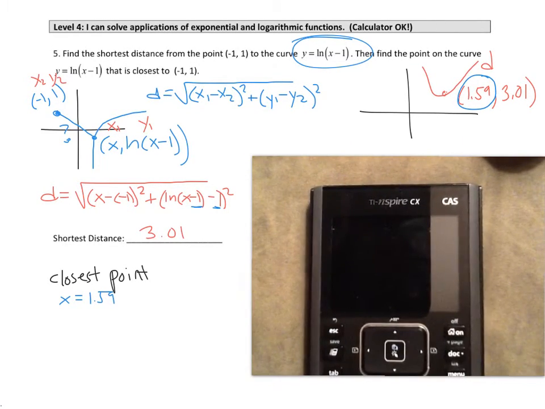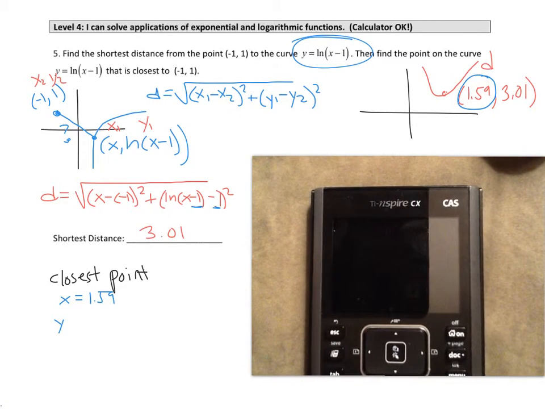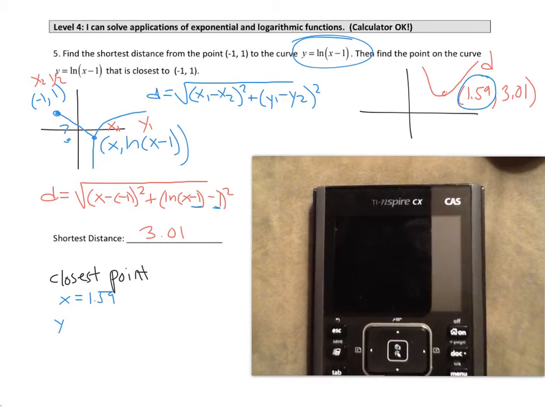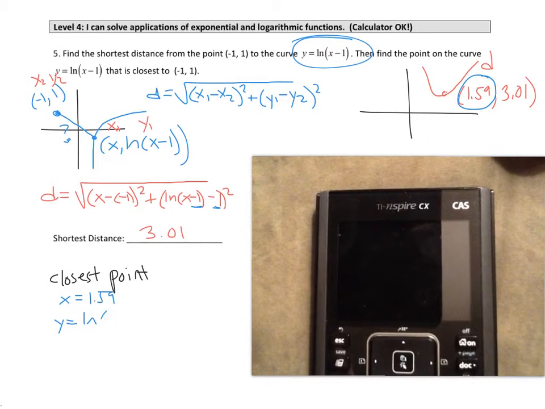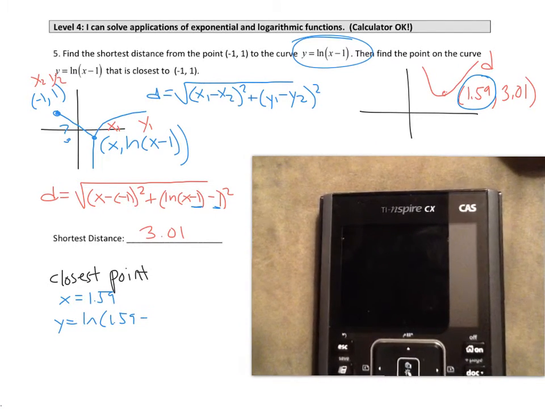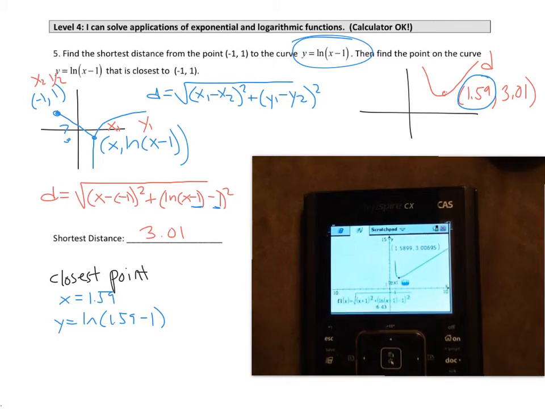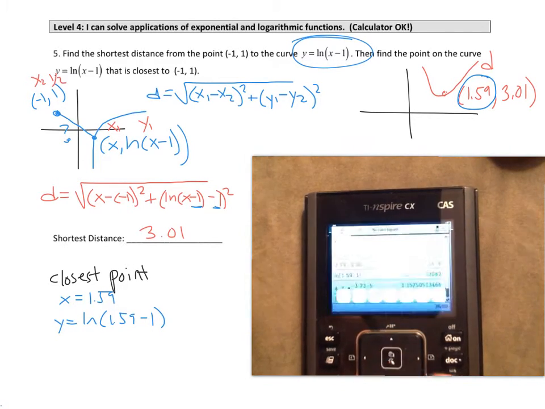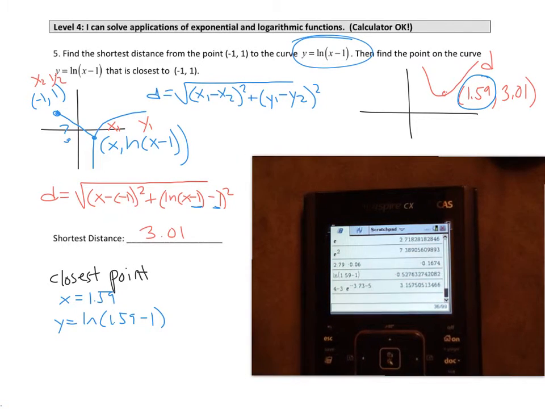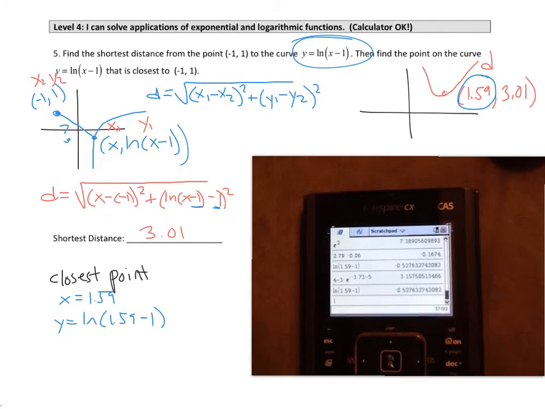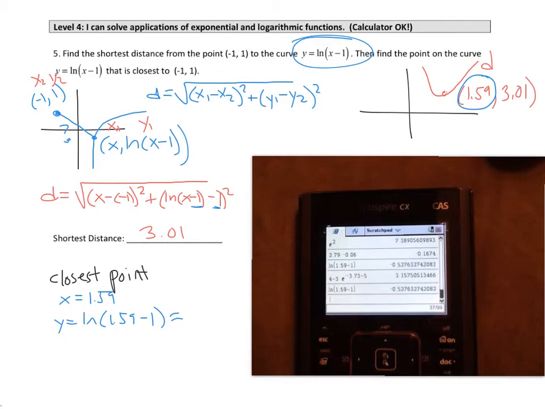To find the y value, we're going to plug that x value into the graph natural log of x minus 1. So y is going to be natural log of 1.59 minus 1. And we can calculate that. So go to your calculate screen and do natural log of 1.59 minus 1, and you get about negative 0.53.